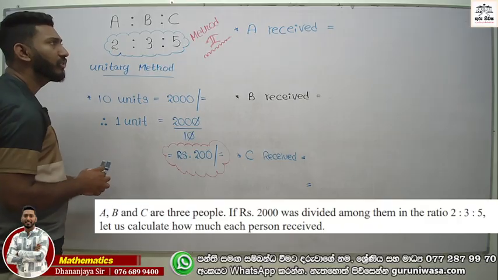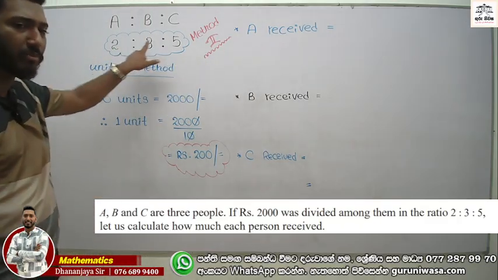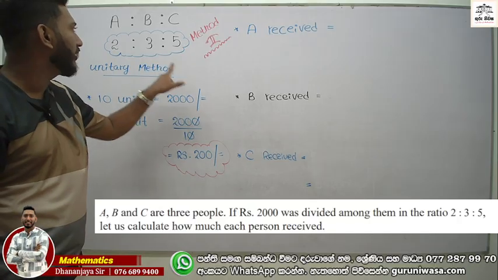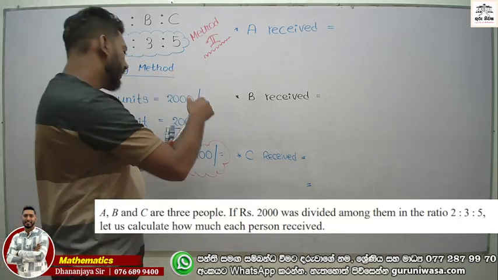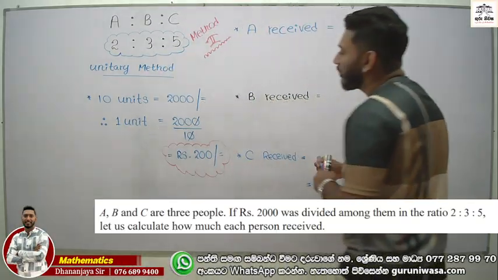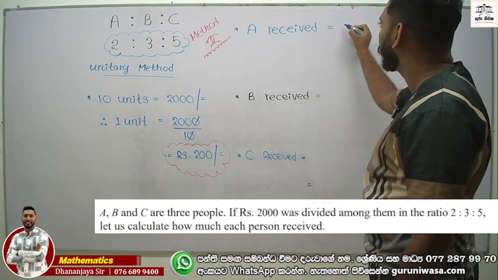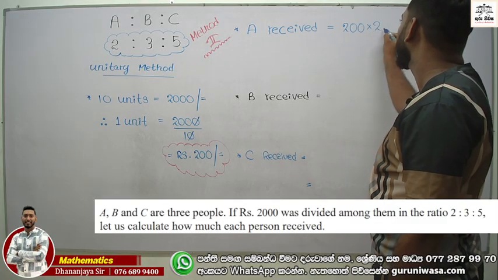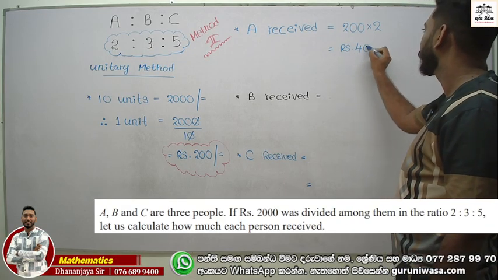Now you know, A received how many portions? How many units? A received 2 units. B 3 units. C 5 units. Now A received, and 1 unit is equal to 200. Therefore, 200 you need to multiply by 2. Then the answer becomes 400 rupees.